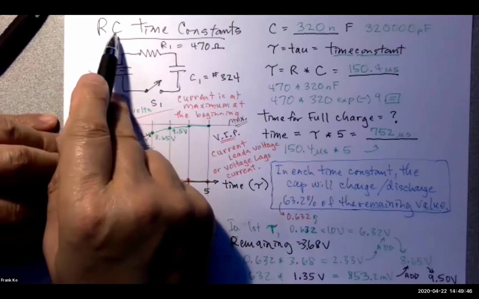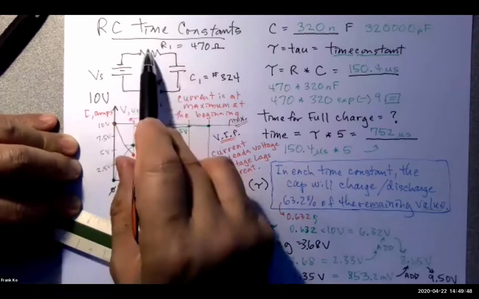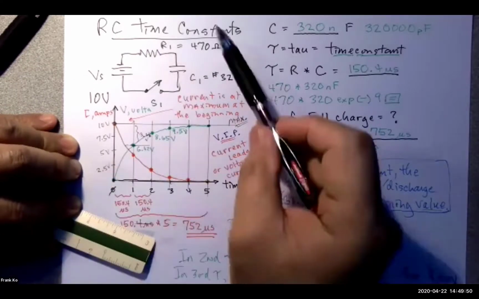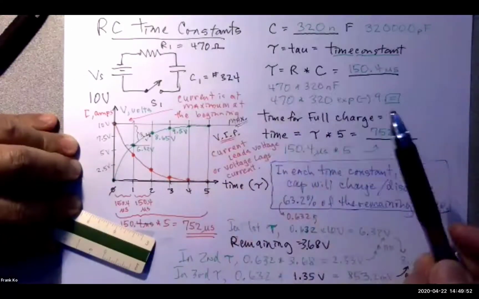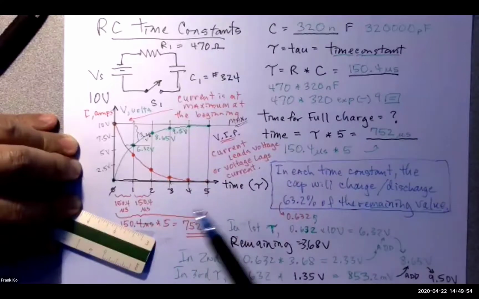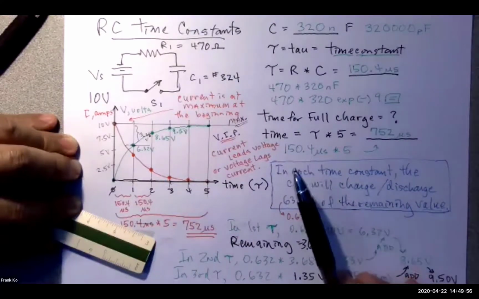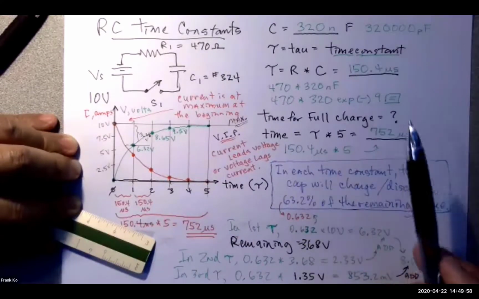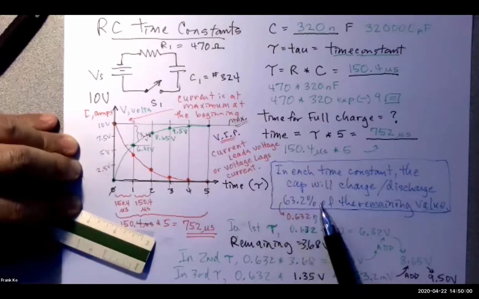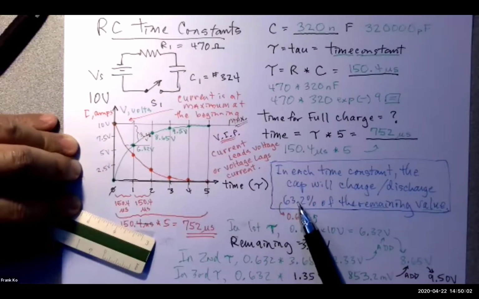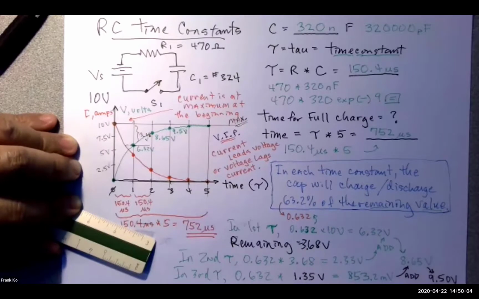This is an RC circuit, because there's an R and there's a C. And we're talking about time constants. Time constants are the amount of time for a cap to rise or discharge 63.2% of a remaining value. And so if we work out all the numbers for this exercise, we end up with these two lines, a red line and a green line.